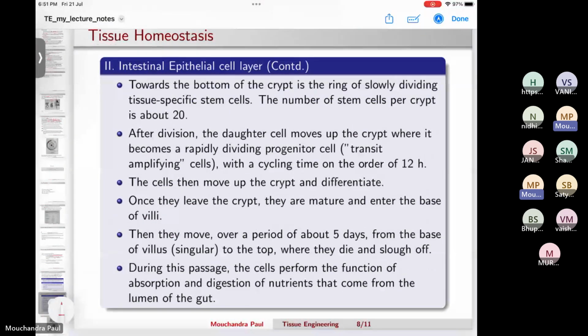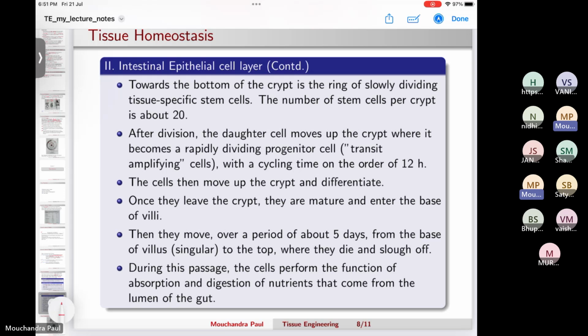So how do the cells actually travel? Let's look into how the cells move up and form the layer, then go down and die, like how it is actually happening. These are a few points highlighting that, and I'll also explain it using the figure that I showed.